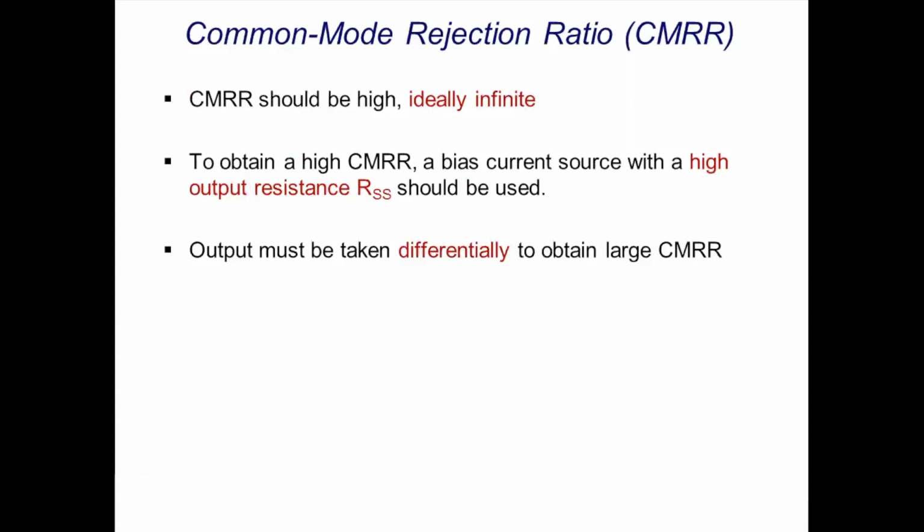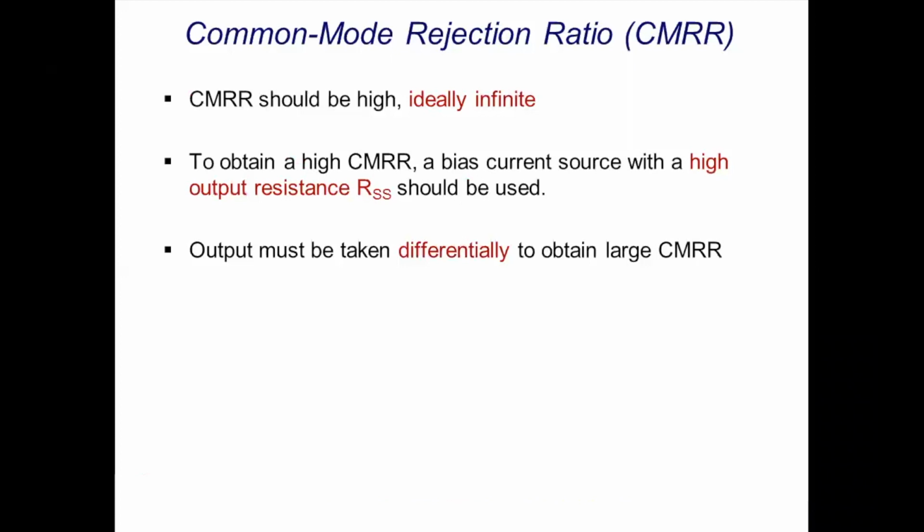So one way of obtaining a high CMRR is to employ a bias current source with a very high output resistance in the circuit. That will make the common mode gain lower, so that your CMRR will be higher. The other case is, while designing a differential amplifier, to make the drain resistance as low as possible. That also contributes to a higher CMRR.